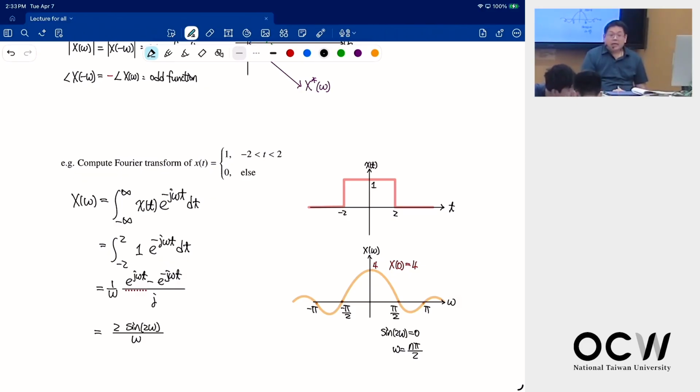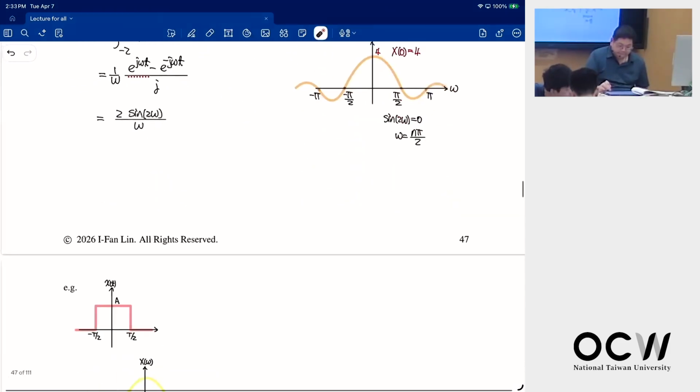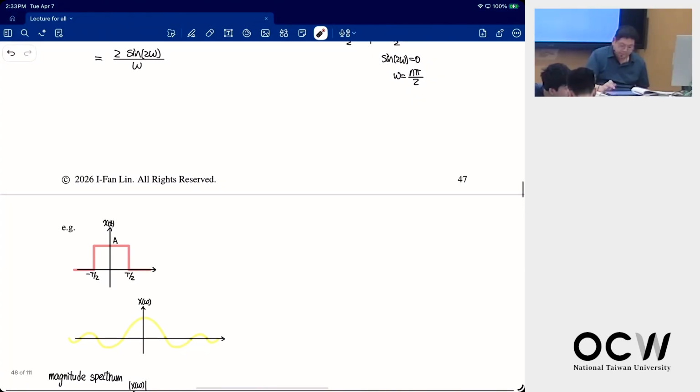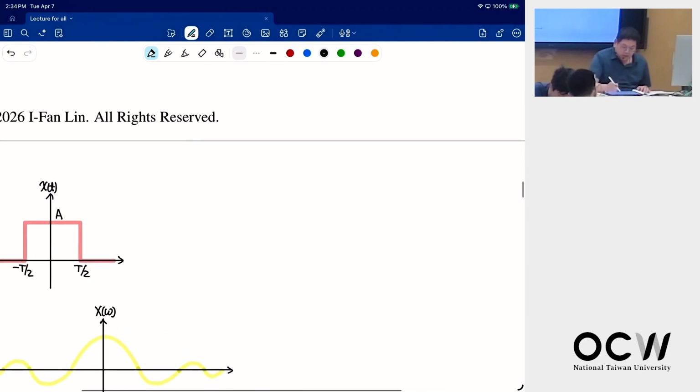Let's see a general case. We have a magnitude A, and the pulse is from minus T over 2 to T over 2. Then this is your Fourier transform. That's a sinc function. What is the peak, and how about the zero crossings? When will we get 0? Suppose we have a general term.